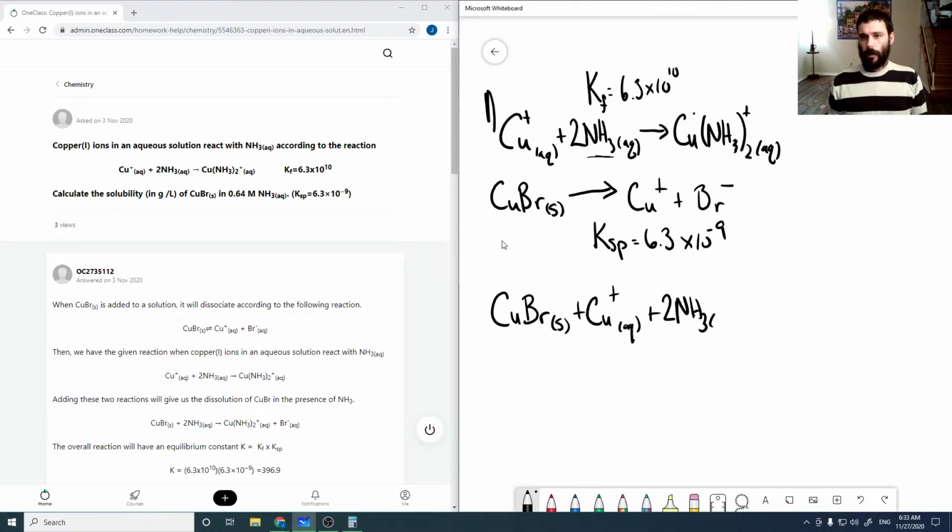So there's our reactants, and they're going to react to give us our products. I'm going to just do it this way, and I should have put the aqueous in here.